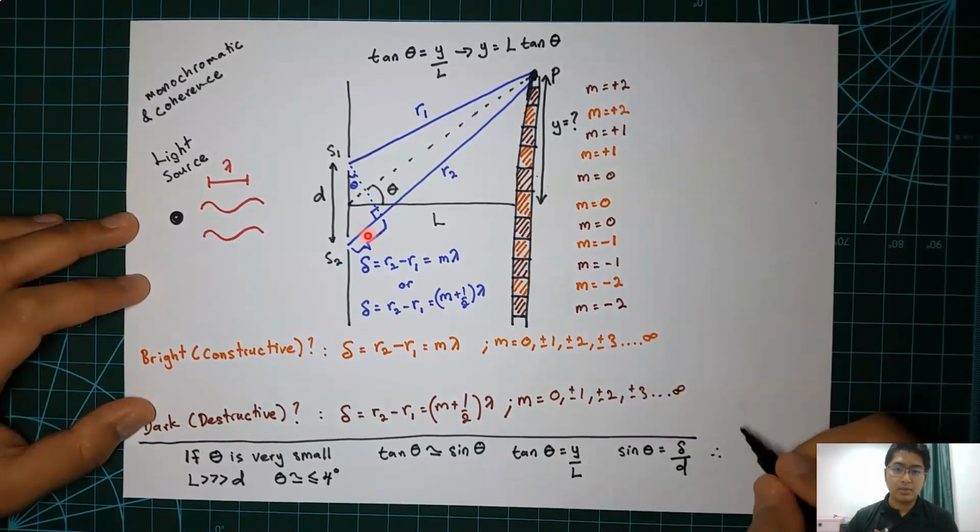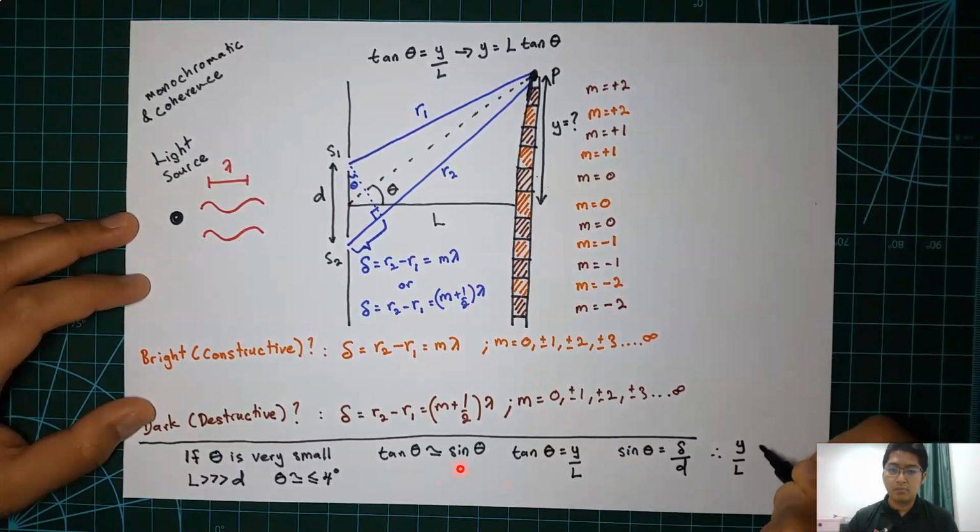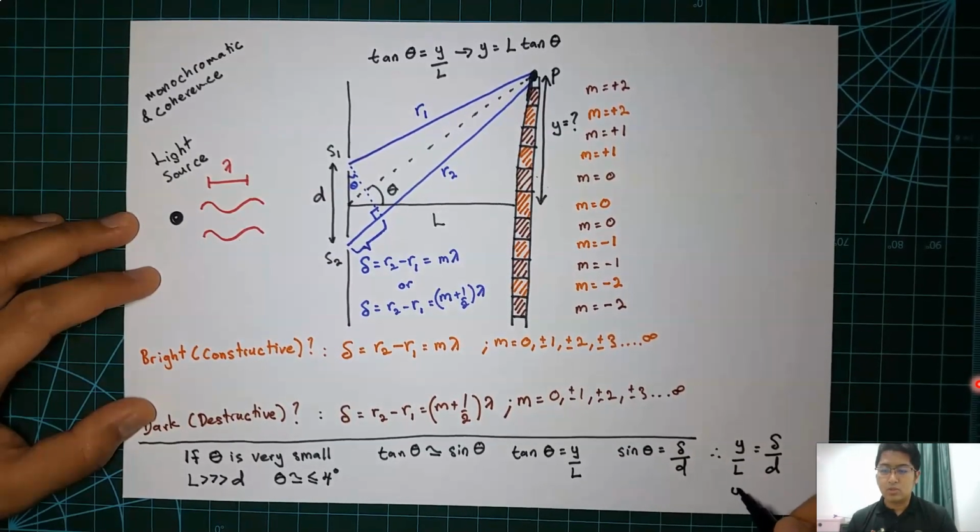The opposite is the path difference, the hypotenuse is d. So comparing tan theta with sine theta, the equation becomes y over L equals path difference divided by d.